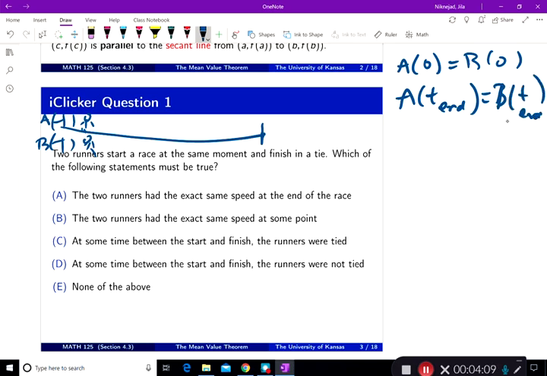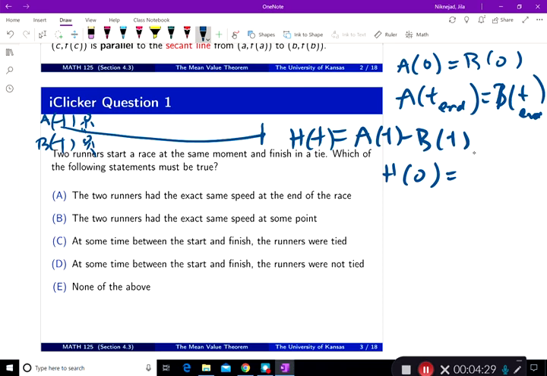Now, as we did with the intermediate value theorem, let's subtract these two. I write h(t) to be A(t) minus B(t). Notice that h(0) is equal to h(t_end), equal to 0.